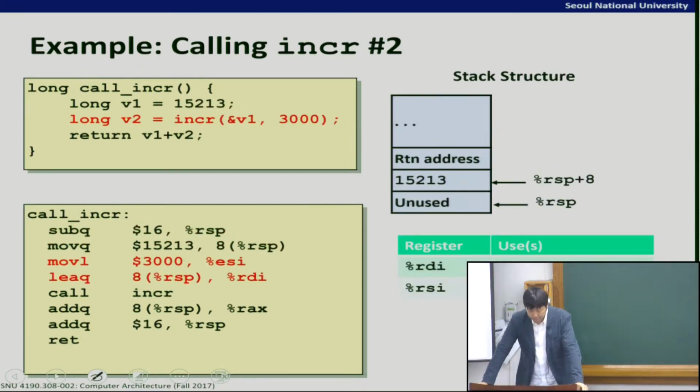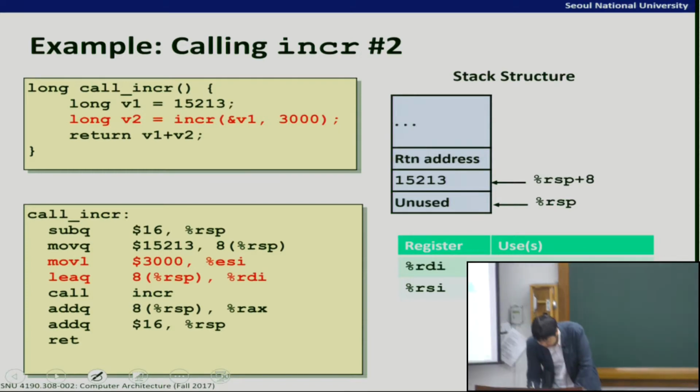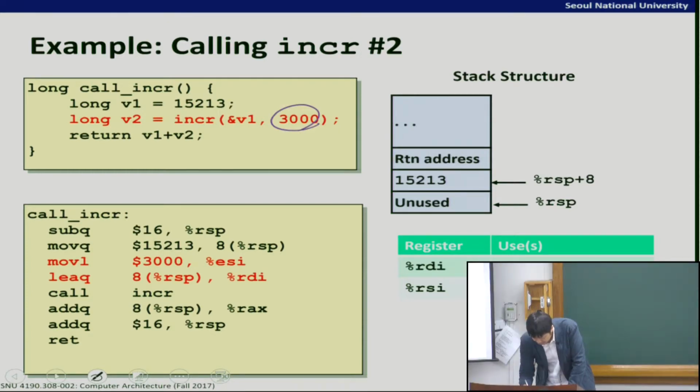So now let's move on to the second line, long v2. Let's see what happens. Before we call the increment function, we have to copy the second argument. We always pass the second argument using the RSI register, so we copy the value of constant 3000 to register ESI.